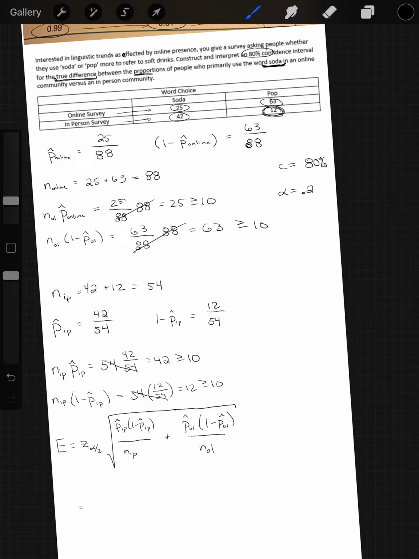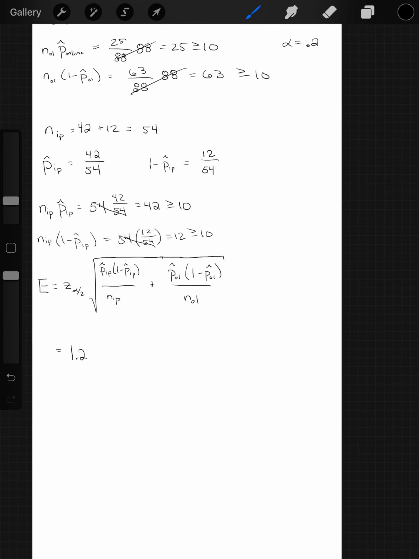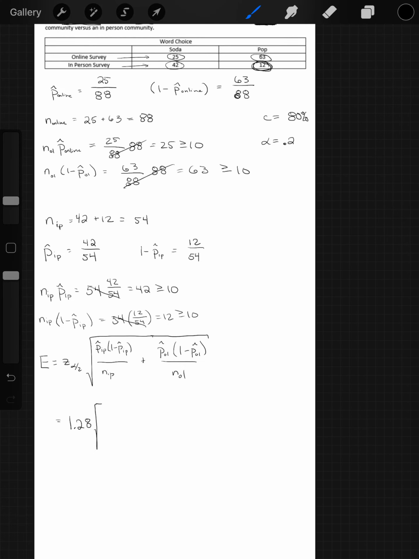So we know that the z we're looking for is 1.28 times the square root of 25 over 88 times 63 over 88 divided by 88 plus, oops, those are the online numbers, but like I said, it doesn't matter which is which as long as they all match up.